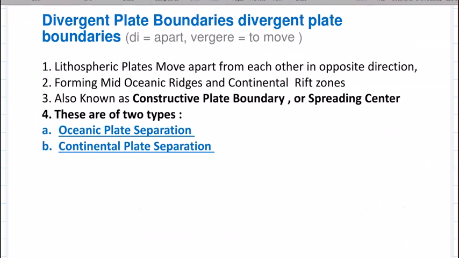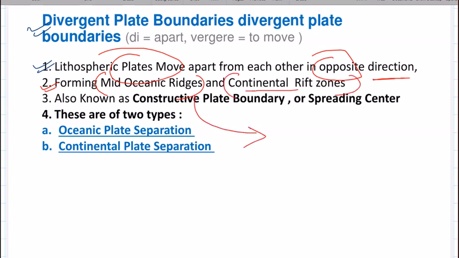Okay, so divergent plate boundary, these points are important, you can write them down. Plates move apart from each other in the opposite direction. This is very important. Forming mid-oceanic ridges and continental rift zones. Again I said mid-oceanic ridges, the name itself tells you that it is forming in the oceanic region.